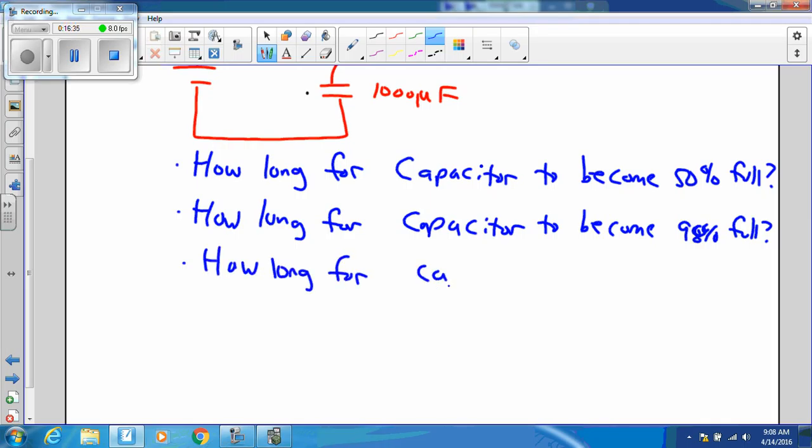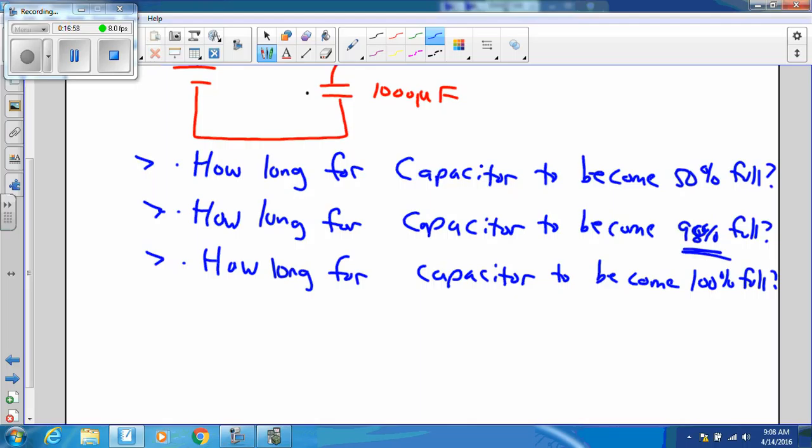And the last question is, how long for the capacitor to become 100% full? It turns out that these three questions we're going to answer in slightly different ways here.